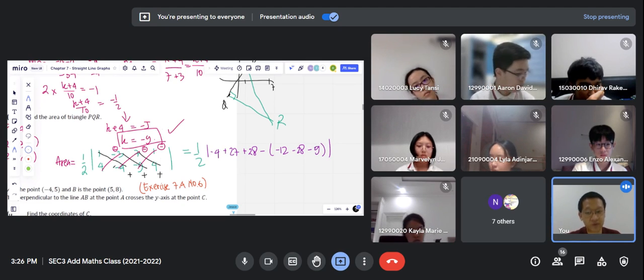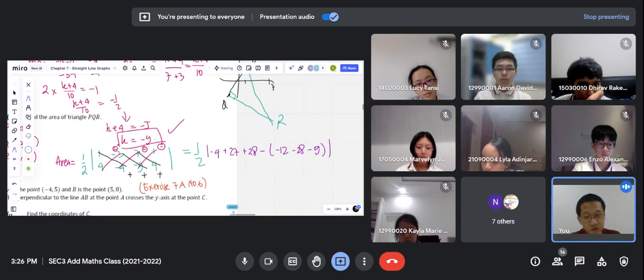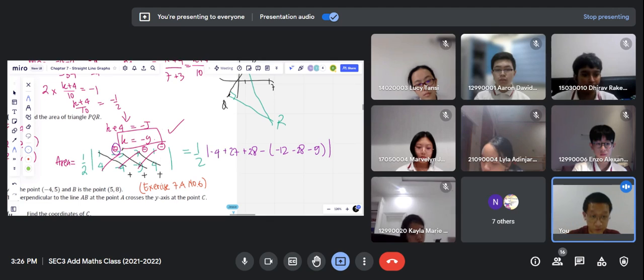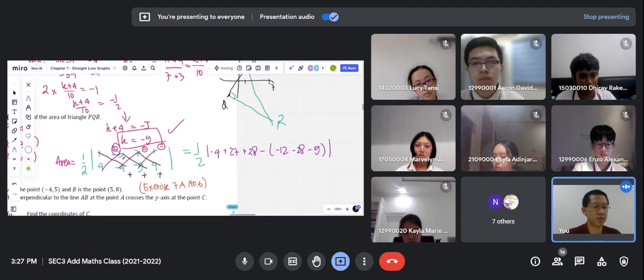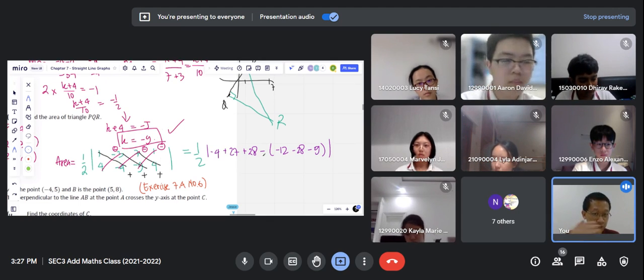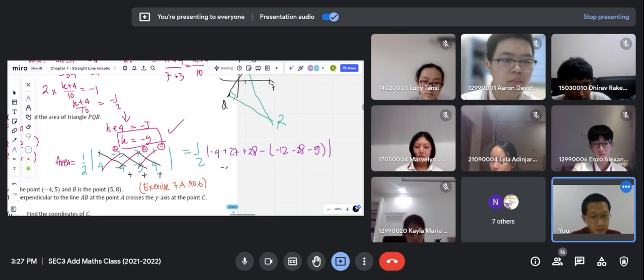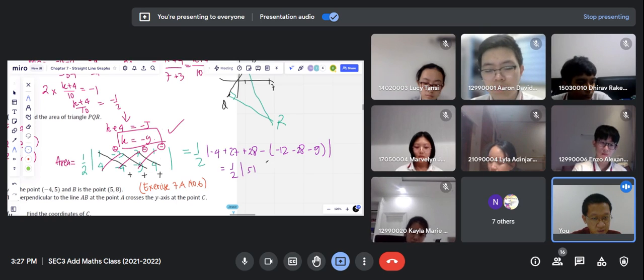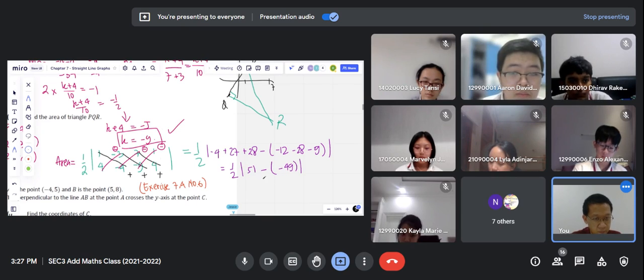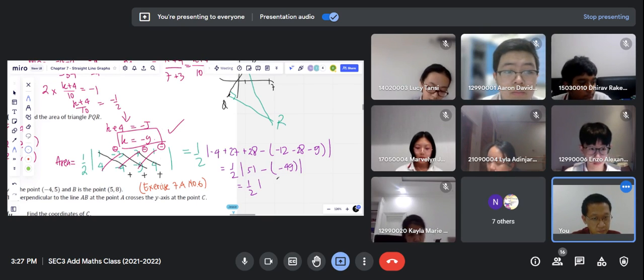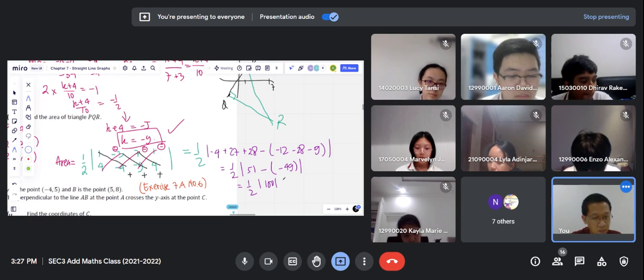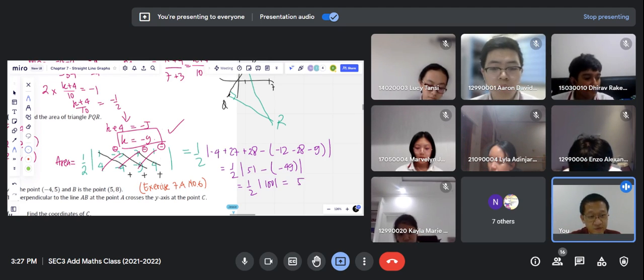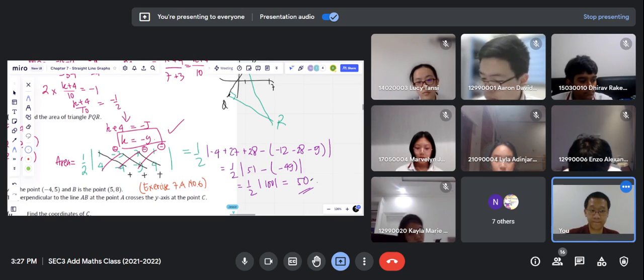But some of us might prefer 4 times negative 3, negative 12, and then subtract negative again, so 12. But that could be confusing for some, so I usually prefer this way. And then half times 51 minus negative 49, which will be half modulus of 100. Modulus of 100 is positive, right? So it's just 50. So we're done with that.